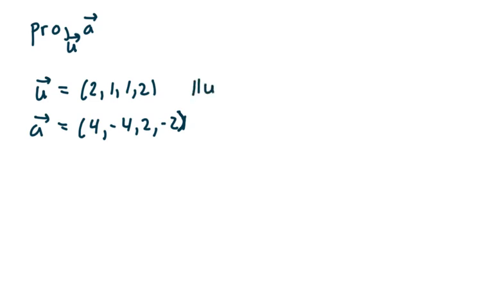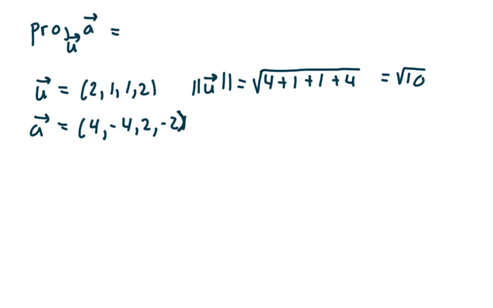The norm of U is the square root of 4 plus 1 plus 1 plus 4. That's the square root of 10, okay? Now, remember, I'm going to take the scalar A dotted with U divided by the norm of U squared.